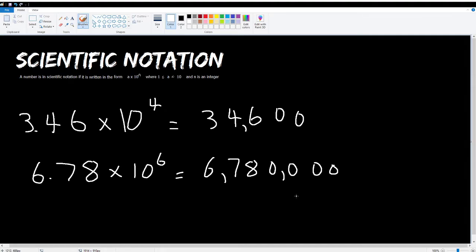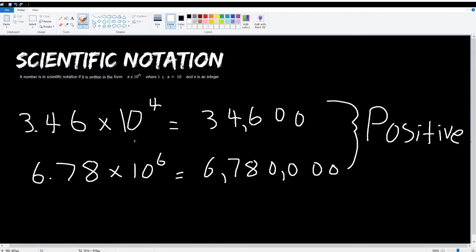Sorry, not 780,000. 6,780,000. Sorry about that. So this is my number. As you can see, we can represent really big numbers using scientific notation. So now let's deal with an example where the exponent is negative. So these are all what? Positive exponents.